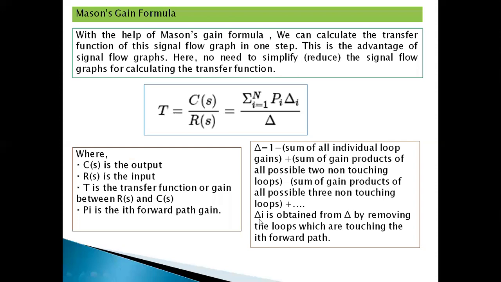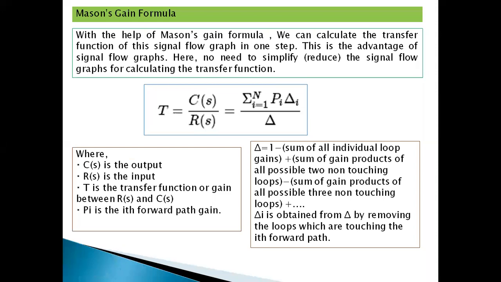In this case, delta 1 is obtained from delta by removing the loops which are in touch with the first forward path. So how to calculate delta 1? That is 1 minus the sum of individual loops which are not in contact with that forward path.